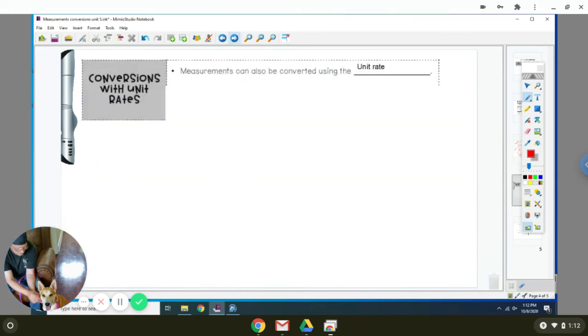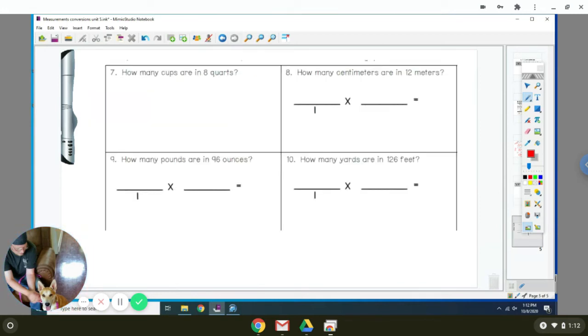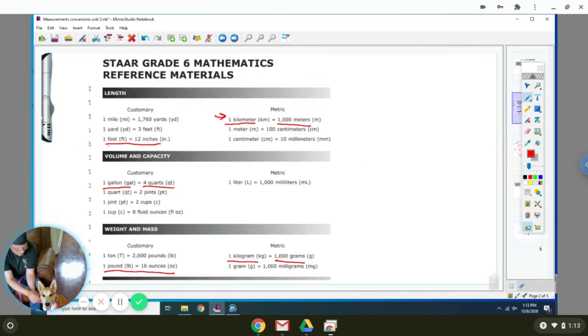So let's continue on and practice a little bit more. So conversions with unit rates, we've actually already been doing this, so this is a little bit more practice. So it says, using your mathematics chart again, how many cups are in 8 quarts? So we're going to come back to our chart, because we're changing quarts to cups.